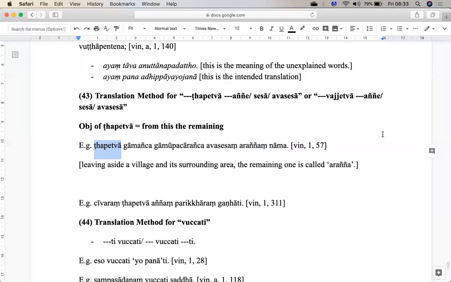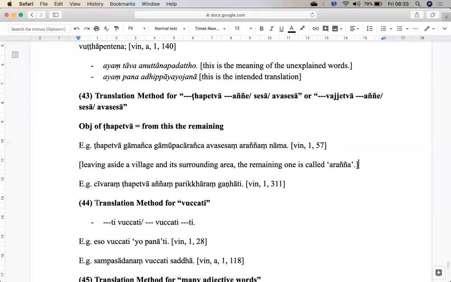Not so difficult. So in the second example also, Jiwaran Tabidawa Inya Brikaran Ganadi. He takes the other requisites, leaving aside the robe. There are 8 kinds of requisites for monks, but he leaves aside the robe and takes the other requisites.